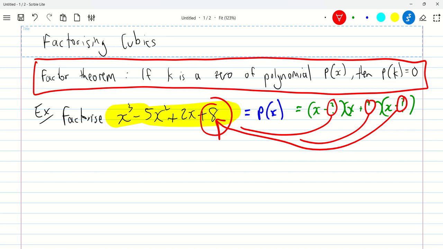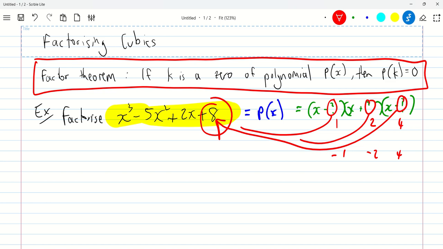So the last 3 numbers might be 1, 2, and 4, or it could be -1, -2, and 4. Whatever they are, they need to multiply together to give that positive 8. And so what that means is that you want to choose the factors of 8.